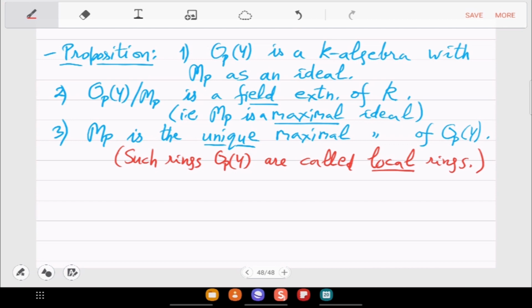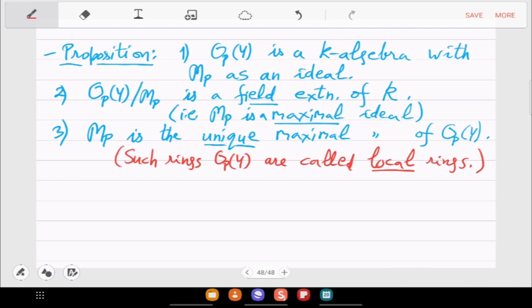So you should think of O_Y as the polynomial ring and K_Y as the function field over the polynomial ring. And then we define this for a point also, the germs on Y near P. That's O_{P,Y}.